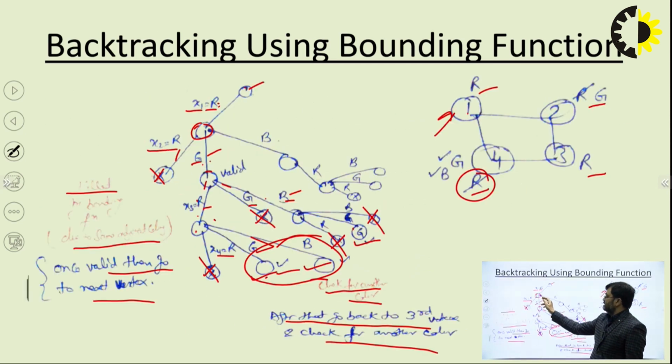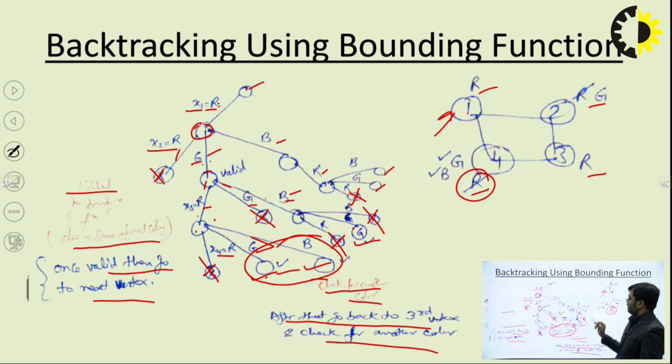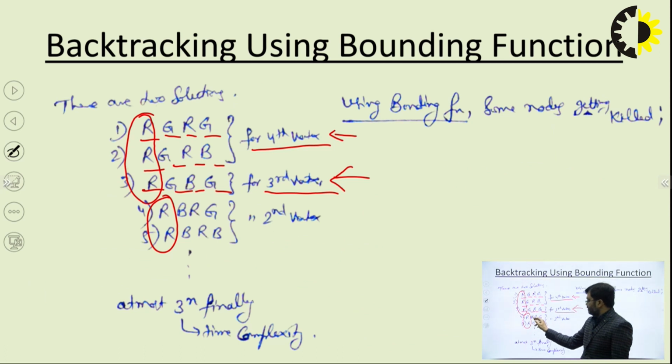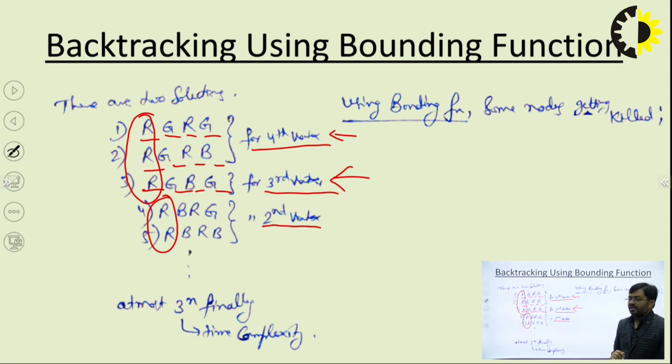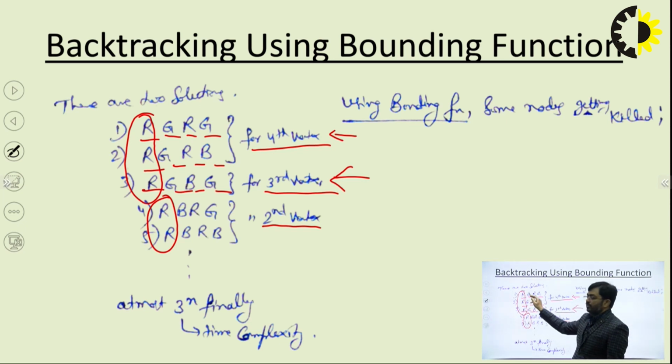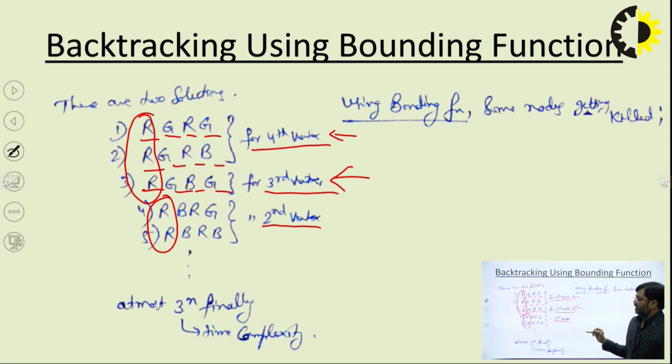Then we go for blue; red is killed because of the same adjacent vertices, and green is valid, blue is valid. It means for the decision at the second vertex we have two options again, when we have fixed the red color to vertex 1.